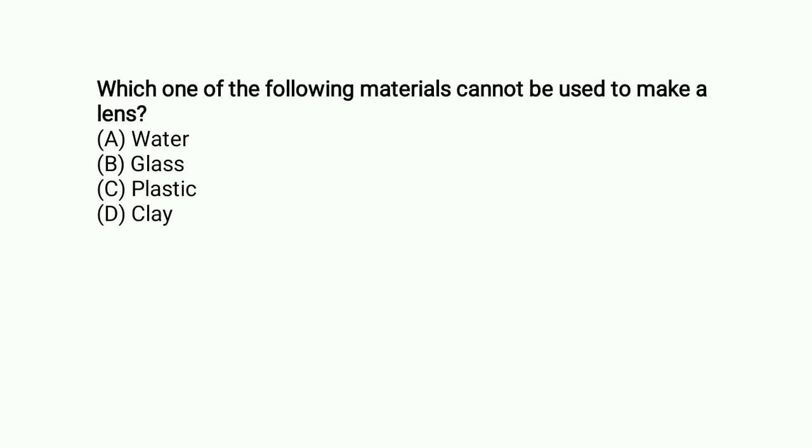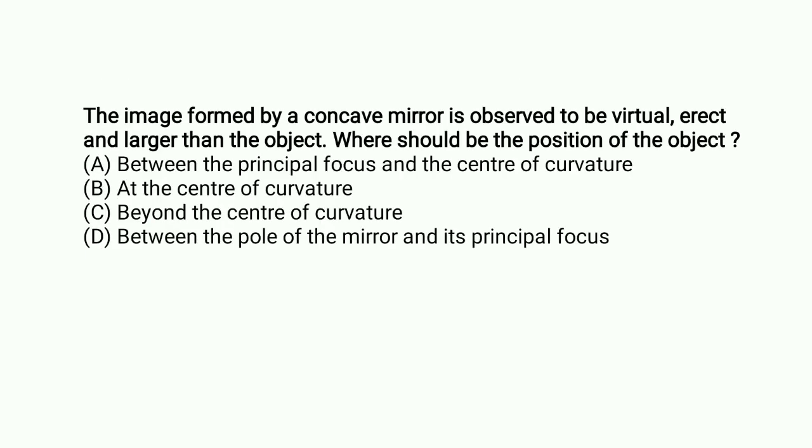Next question. Which one of the following materials cannot be used to make a lens? So here the option D, clay cannot be used to make the lens. Next question.